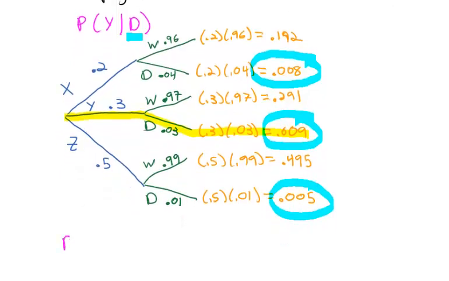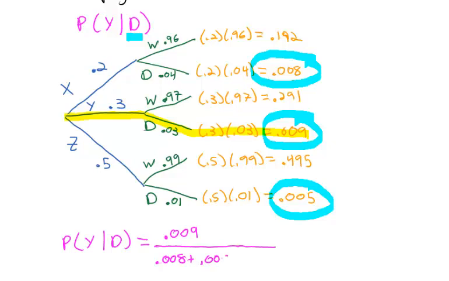So to calculate the probability that it came from Y, given that it's defective, is equal to that interesting branch, the 0.009, divided by the sum of all of the defectives: 0.008 plus 0.009 plus 0.005.